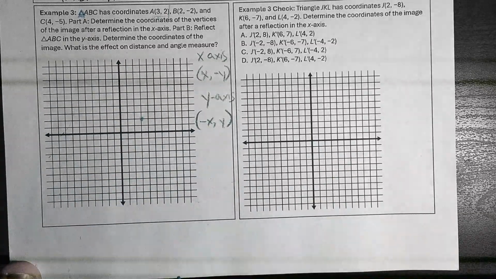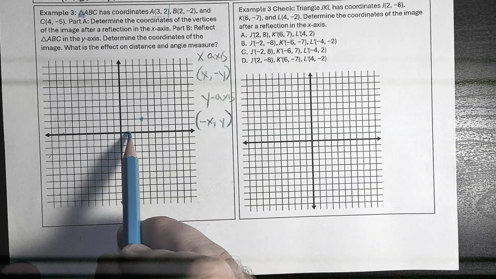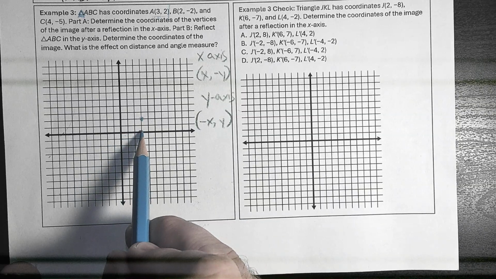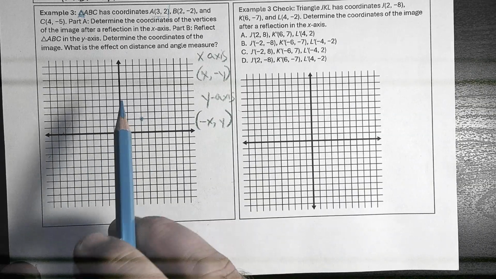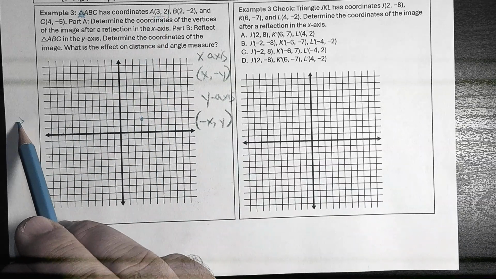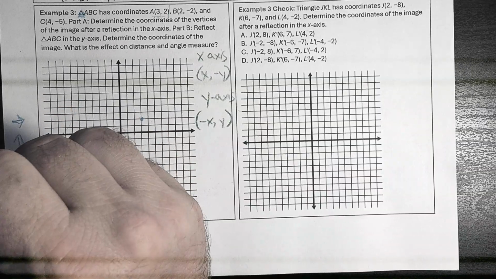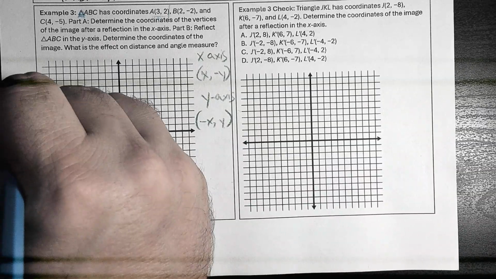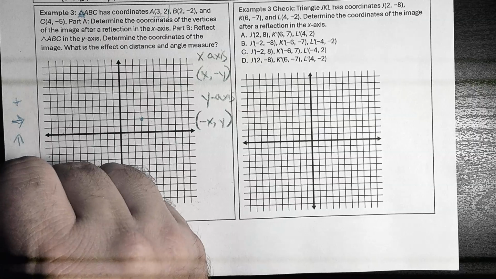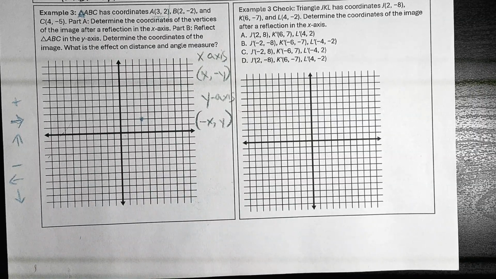Draw the point. Again, right 3 and then up 2, because positive is right and up, and negative is left or down.